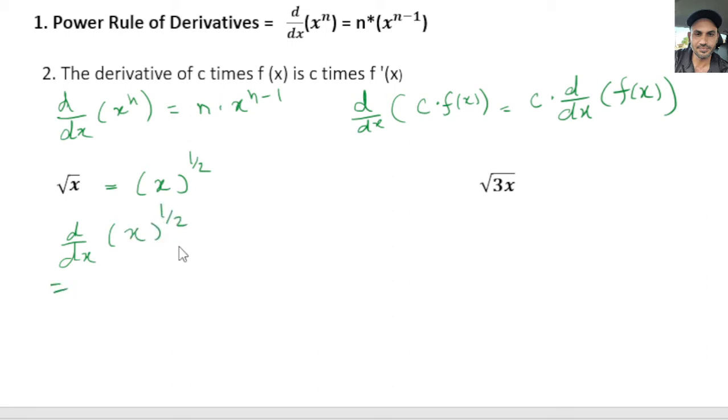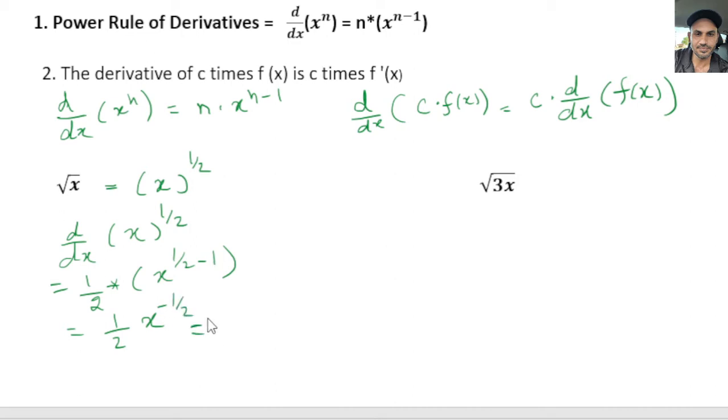And now we can apply the power rule. The exponent becomes a coefficient, and then we have x to the 1/2 minus 1. So this is 1 over 2, and when we simplify 1/2 minus 1, it becomes negative 1/2.